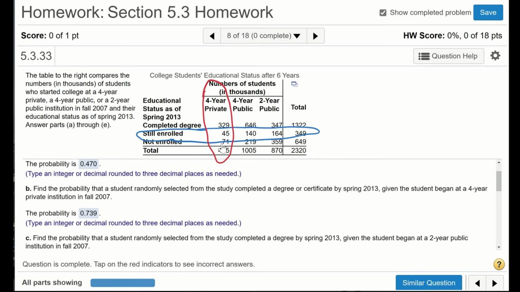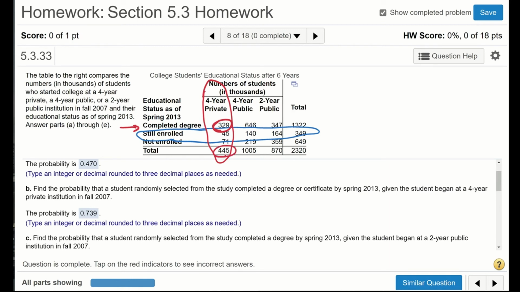Okay, so in here now, we're going to be looking for completed a college degree, right? So working in this row, we're going to be picking this number and dividing it by this number.